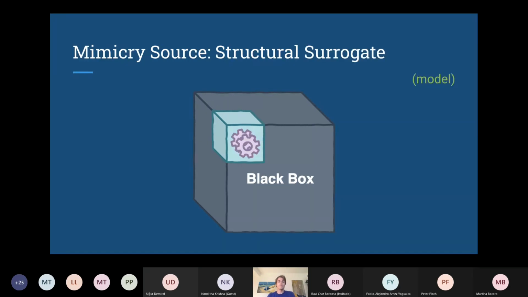Then we can also have two different types of surrogate in terms of what sort of information we use to construct them. We can have a structural surrogate, in which case we build a surrogate based on the structure, on the mechanics of the underlying black box. To make it a bit more precise, imagine a huge, wide and deep decision tree.